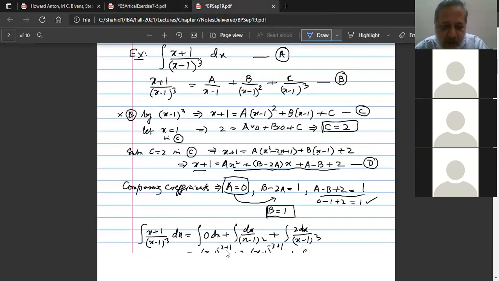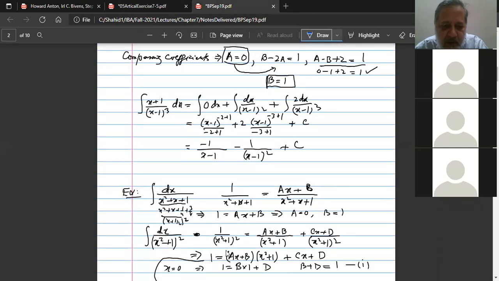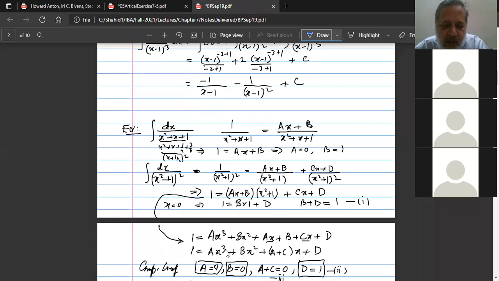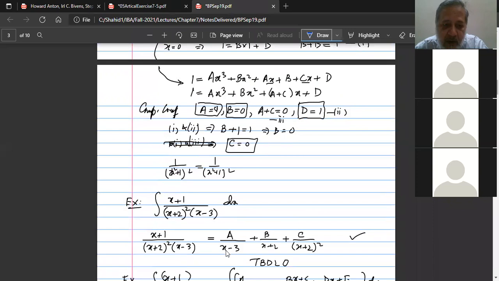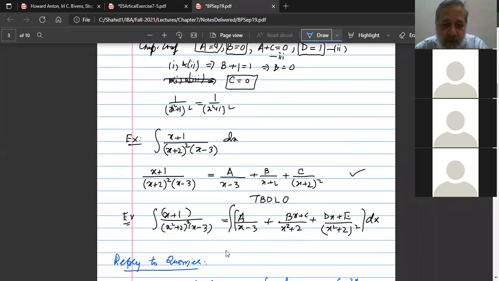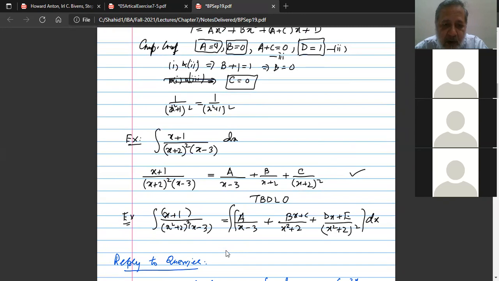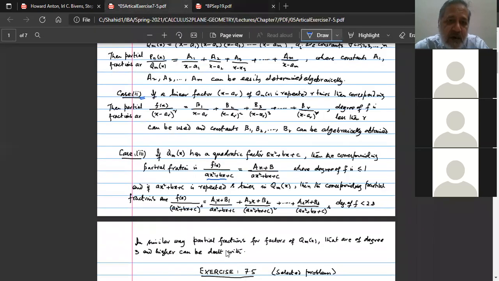For example, now if I have got x square plus 1 repeated, corresponding to that I'll be writing a linear factor divided by x square plus 1 power 1, plus cx plus d, another linear factor divided by x square plus 1 raised to power 2. As many powers as come here, that many terms will come here.